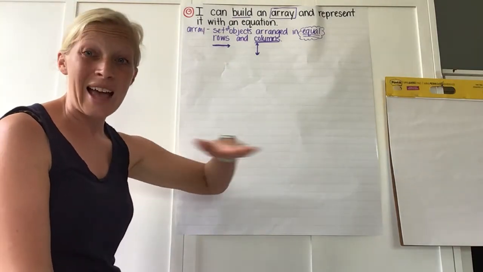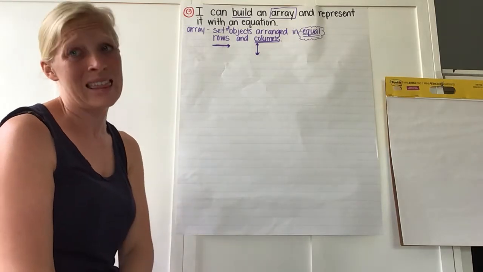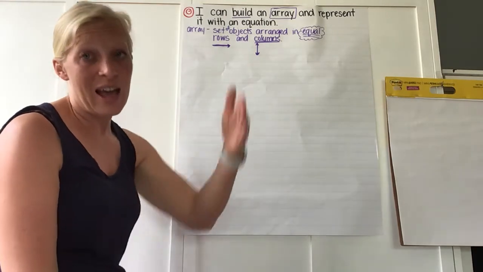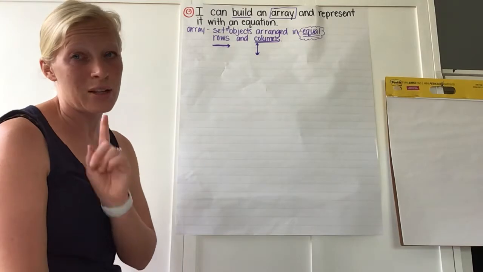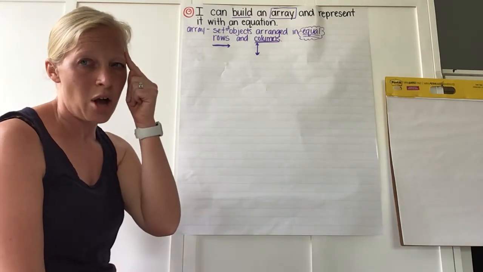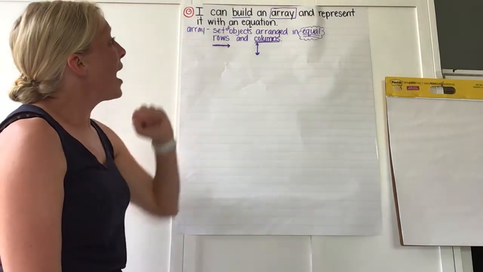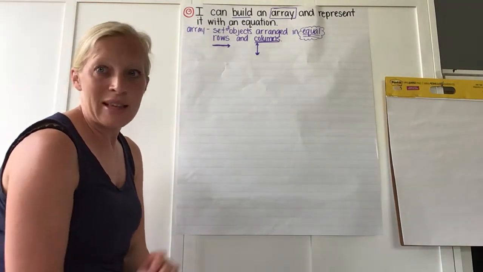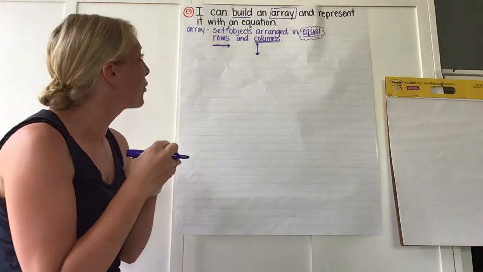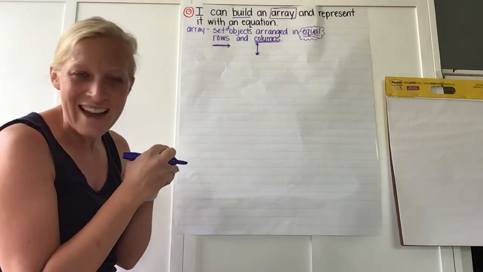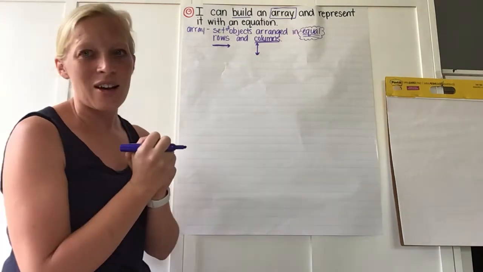But all the rows have to be the same length. All of our columns have to have the same number in them as well. That's really important for us to hold on to in our noggins while we're doing this work together this week. I can build an array. It means I'm going to put together a group of objects organized in equal rows and columns.